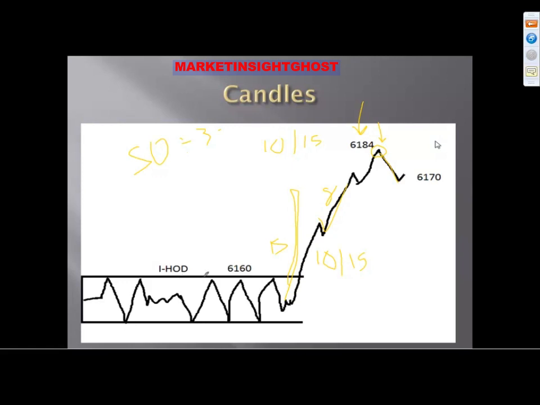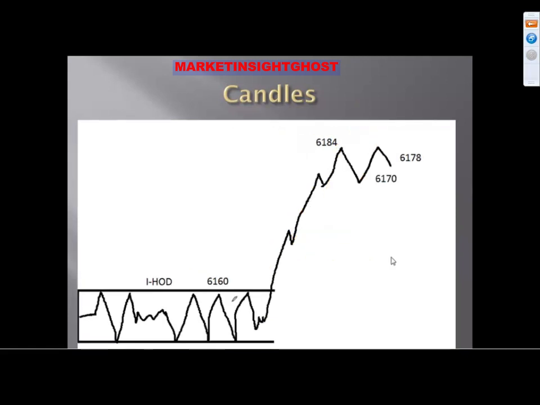You have your initial high of the day, 61.84 becomes the high of the day now. They pull back immediately 15 pips to trap the long holders and to evaluate and see what they got. They turn around and make the second pass from 61.70 right back to maybe 78.